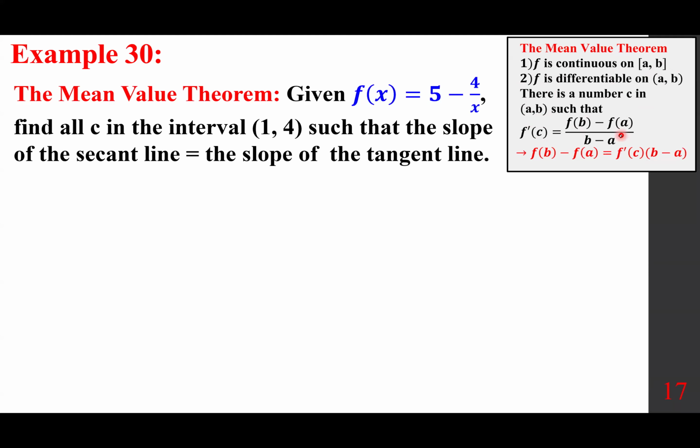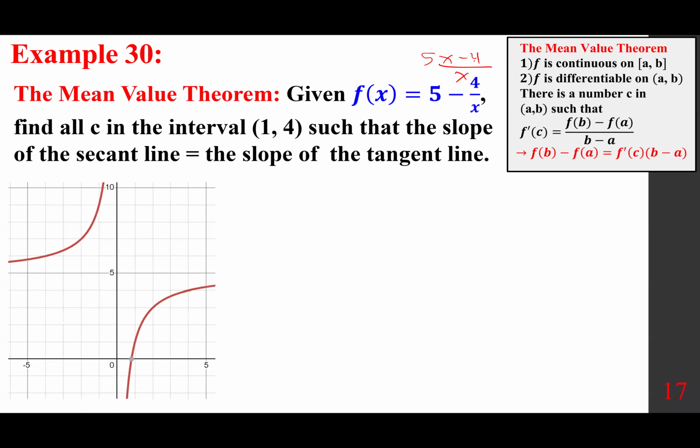So having said that, f of x is 5 minus 4 over x, or if it helps, you can even write it as 5x minus 4 over x. So that's a rational function, obviously, and you can easily graph it. It's really not a big deal. So we have the vertical asymptote x equal to 0 and the horizontal asymptote y equals 5, okay?